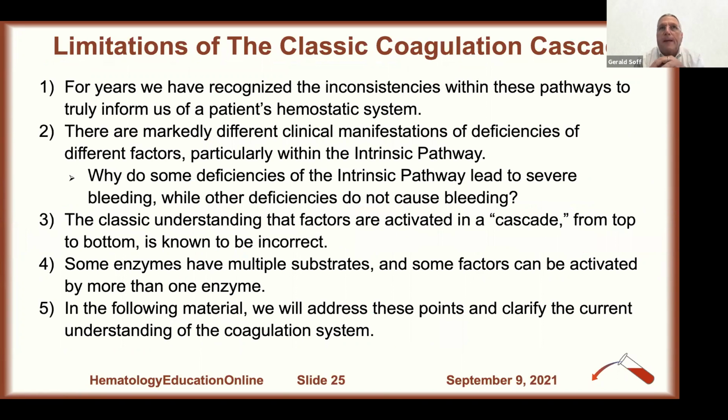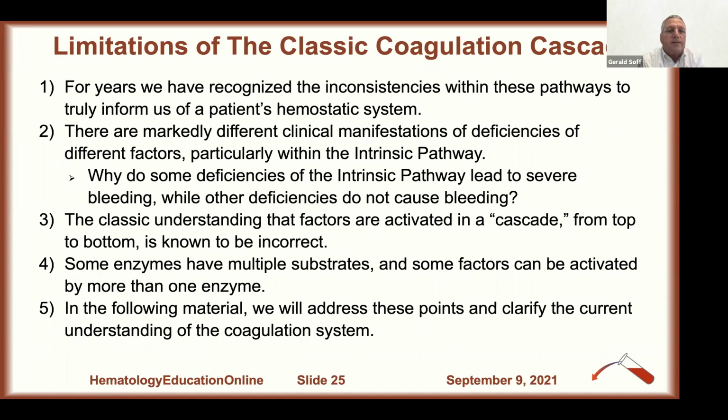So that's the basics of the coagulation cascade as it's been understood for many, many years. But we've also recognized in the hematology world that this understanding really has some major inconsistencies and gaps. For instance, looking at the intrinsic pathway, some deficiencies are associated with severe bleeding, and other deficiencies do not cause bleeding at all. And one factor in the middle, factor 11, causes moderate bleeding.